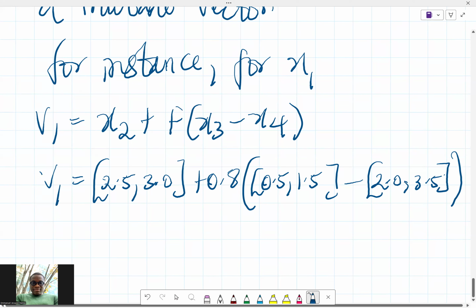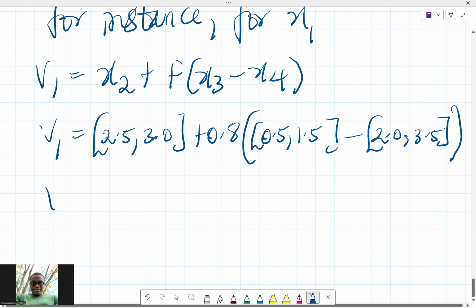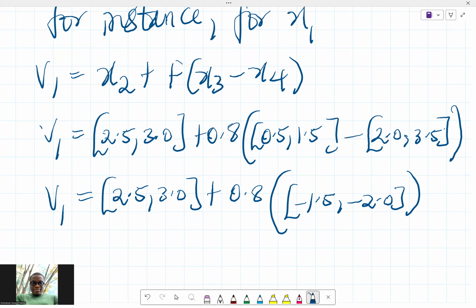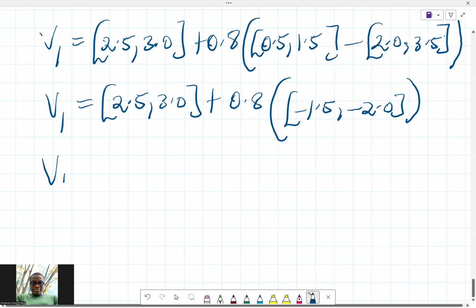So with that in place, V1 equals 2.5, 3.0 plus 0.8 into, if 0.5 minus 2.0, that's minus 1.5, comma 1.5 minus 3.5, that is minus 2.0.